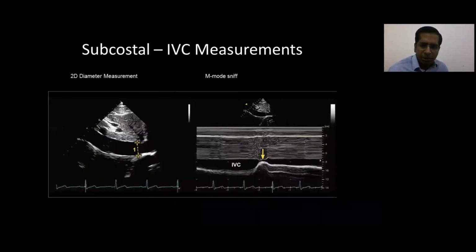What is shown here is how the IVC moves and collapses with respiration. If you see an IVC like this, that means that the right atrial pressure is normal. Whereas if the IVC, even with sniff, is fully distended, that means that the right atrial pressure is high. So it's as simple as that. So this can be seen either in 2D or you can use M-mode to delineate this.